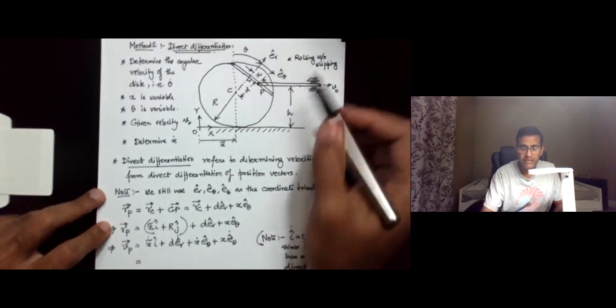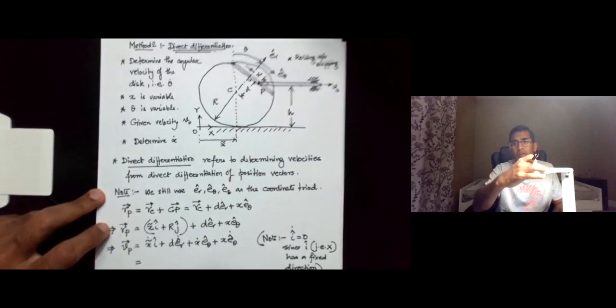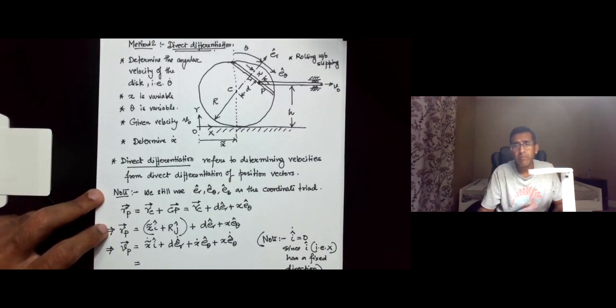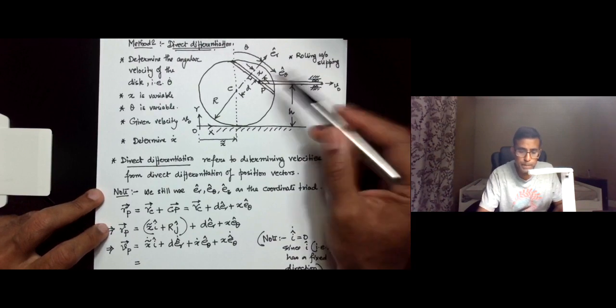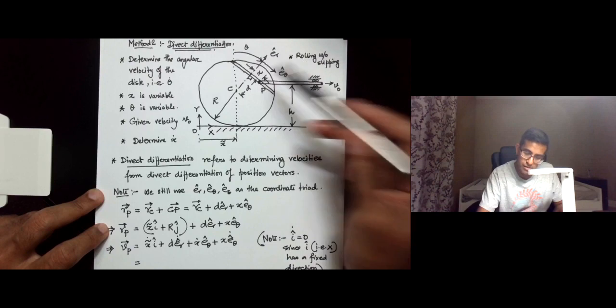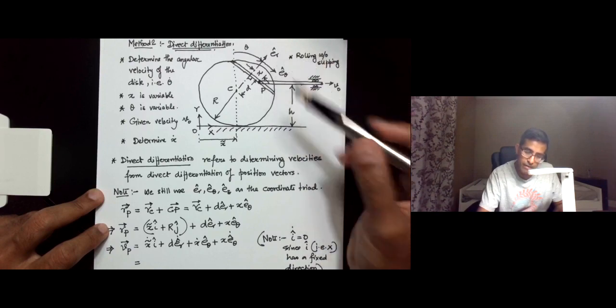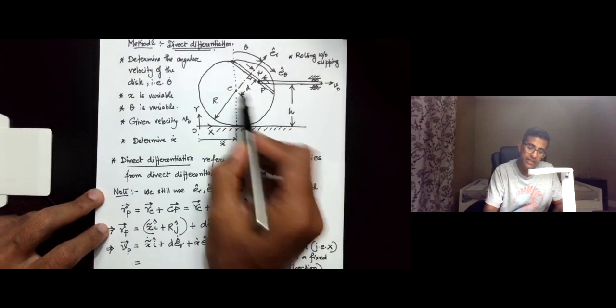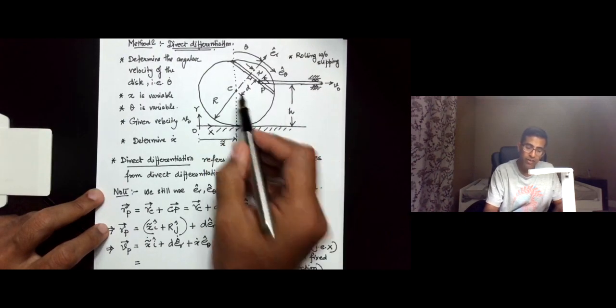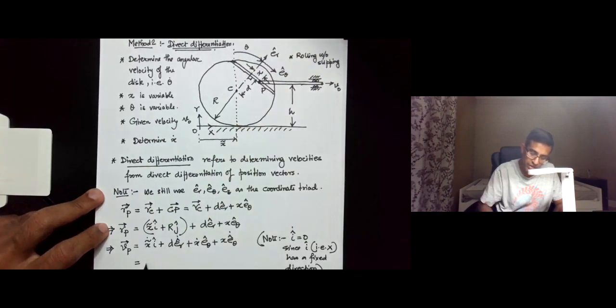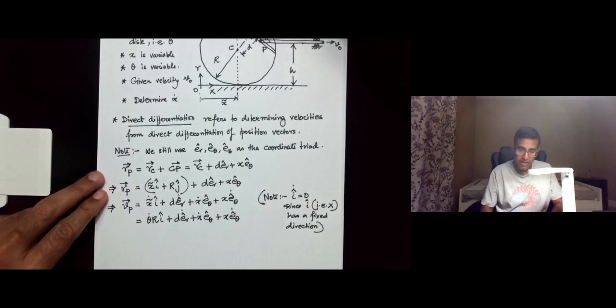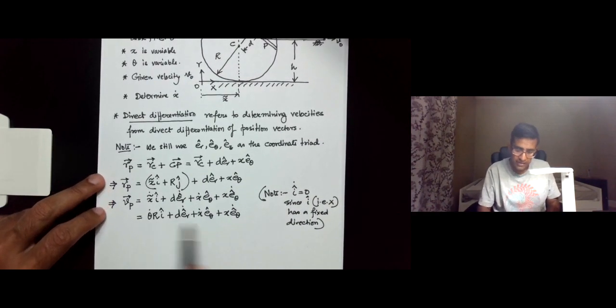Okay, since this disk is rolling without slipping on the horizontal surface, the velocity of this point C is going to be not only horizontal, but its horizontal velocity is going to be theta dot times capital R. So you have theta dot times capital Ri plus d ER dot plus x dot E theta plus x E theta dot, right? So that's the second line.